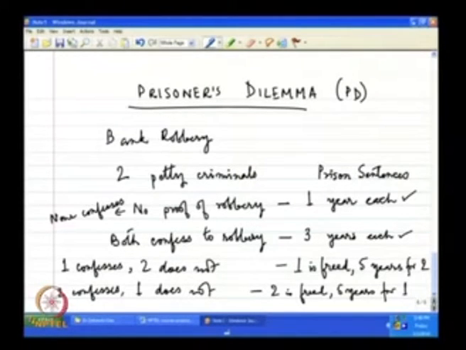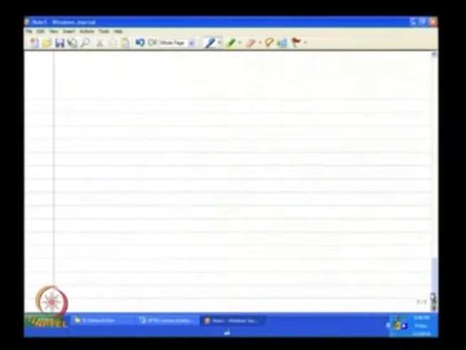If you confess and the other guy does not confess, then you will be freed and the other person will go for 5 years, and vice versa. If you do not confess and the other person confesses, then you will go for 5 years, and the other person will be freed. So, this is what the police tells the prisoners.